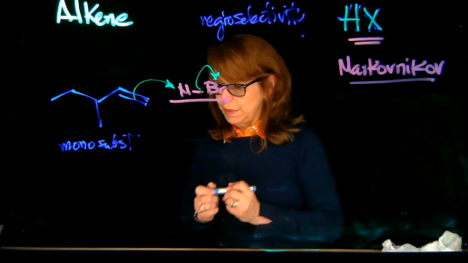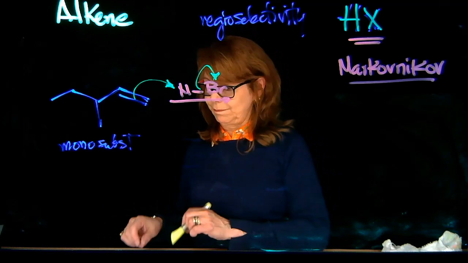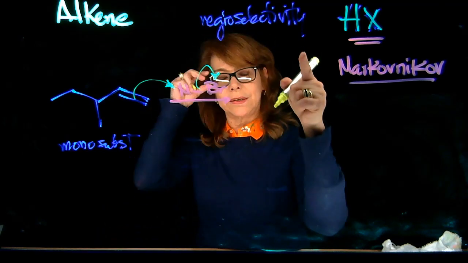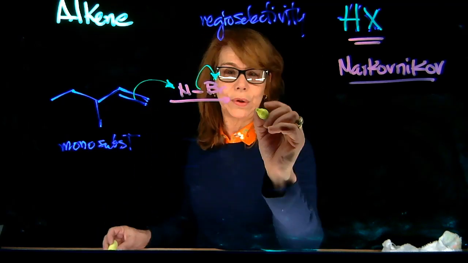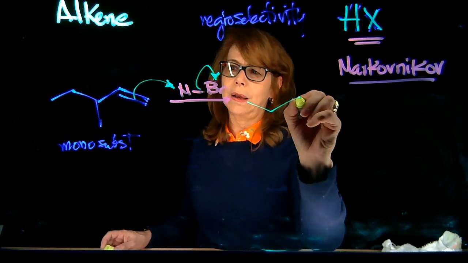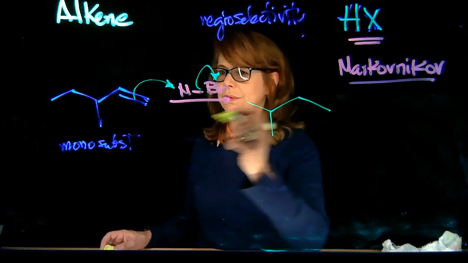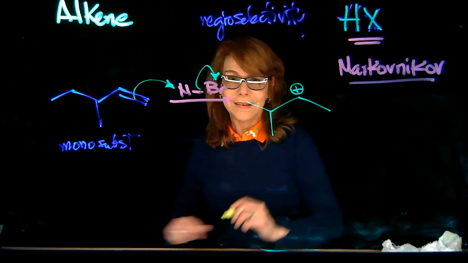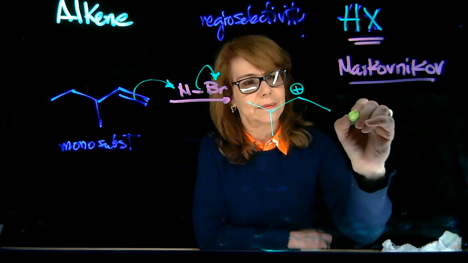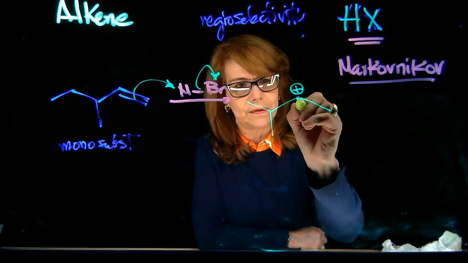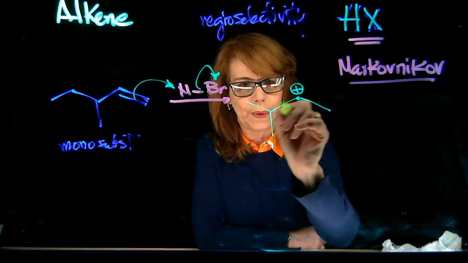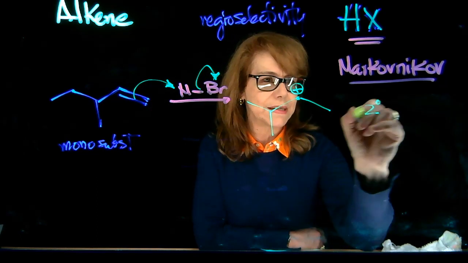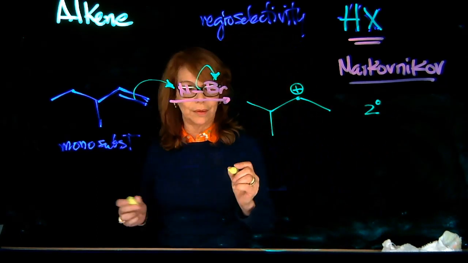But still, we're keeping our regioselectivity Markovnikov in the sense that we want to produce the more stable carbocation. So H here, the carbocation is going to be here. Now, what type of carbocation is that? Look at this carbon, one R group, another. So that is a secondary carbocation, not the most stable.